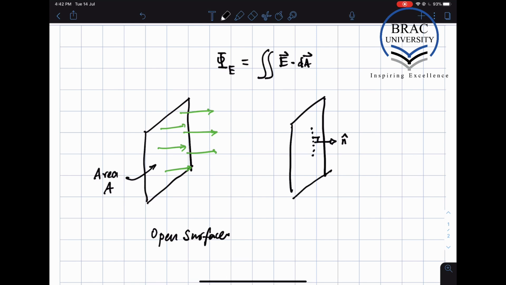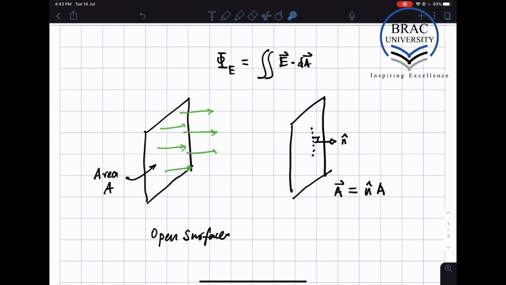Then we can associate a vector A to this open surface whose direction is the same as the unit normal, but whose magnitude is equal to the area of that surface. This is a way of orienting surfaces in space. Not only do we know how big the area is, but we also know its orientation by the unit normal that is perpendicular to it.